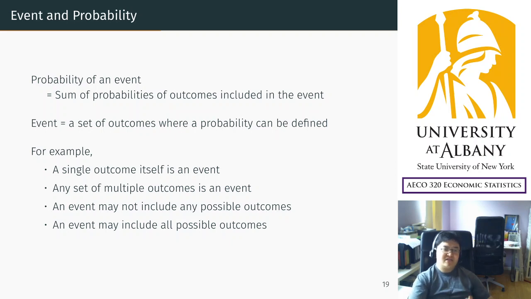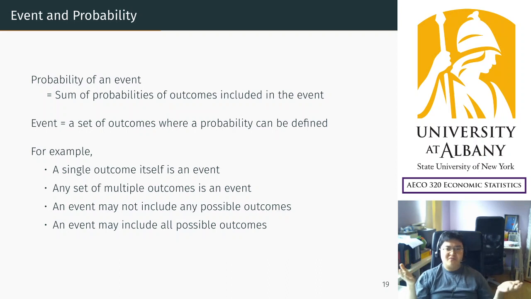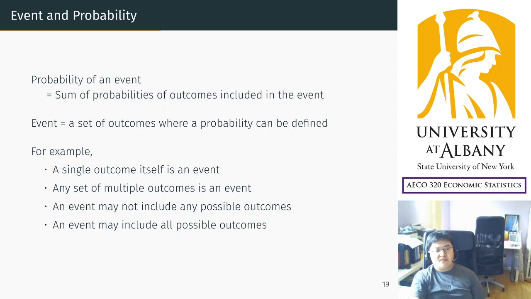When you roll a dice, what is the probability that you get a positive number? 100%. You always get a positive number. So that's a legitimate probability, a well-defined event. That's how we define an event, which is different from an outcome.